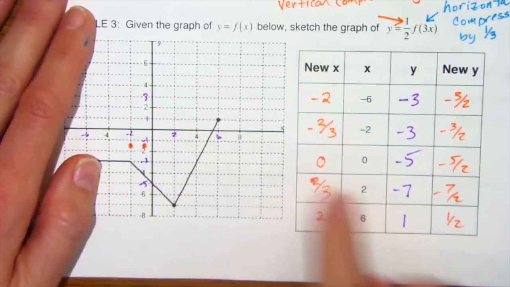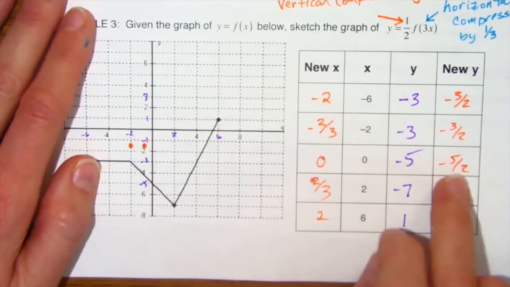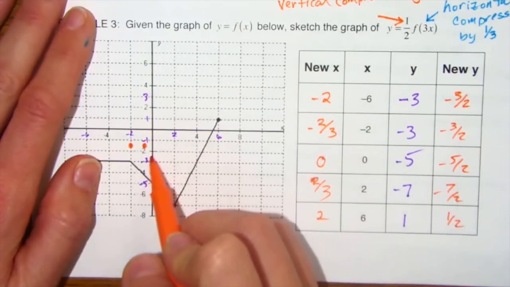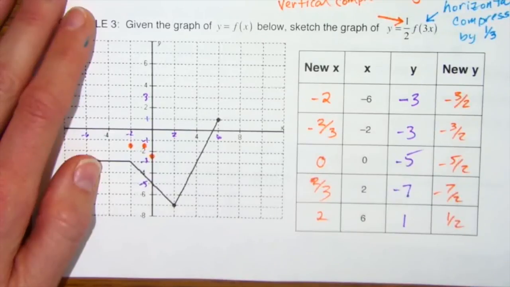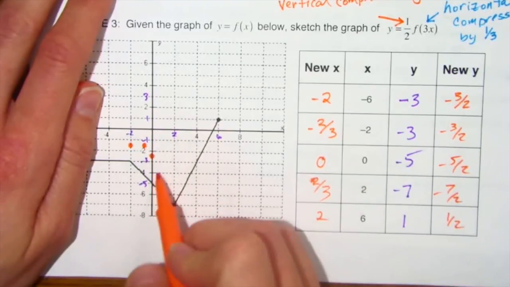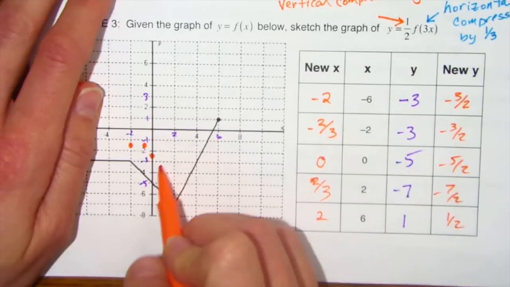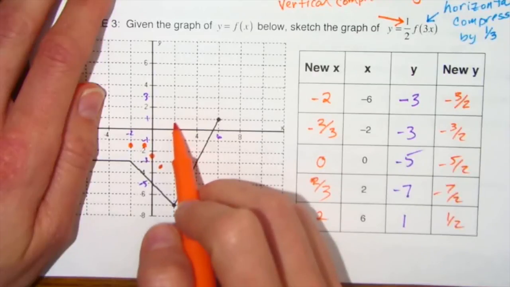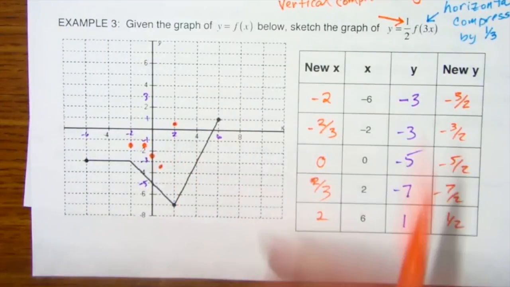When we're at 0, we have -5/2, so 0, down 2.5. 2/3 is a little less than halfway to the right. And then we're down 3.5. And then when x is 2, y is 1/2. Then you connect all those.